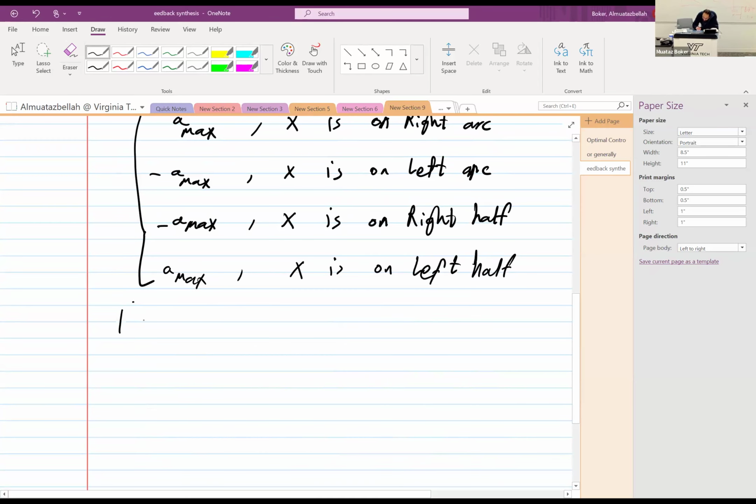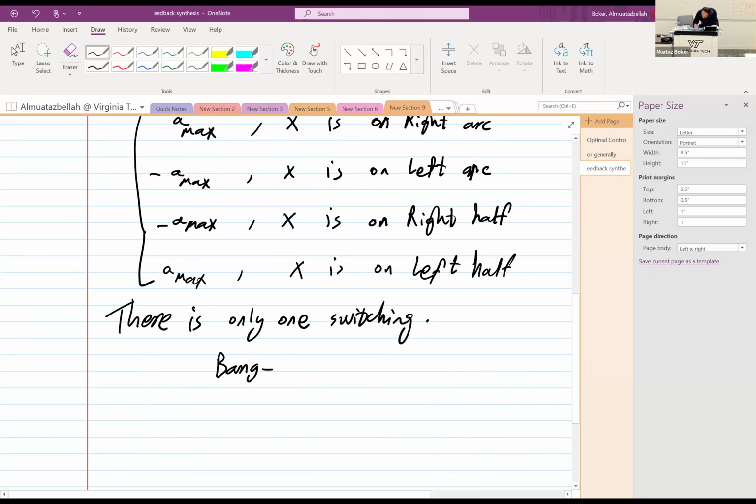So there is, at max, only one switching, okay? And this is known as bang-bang control. Okay. Any question?